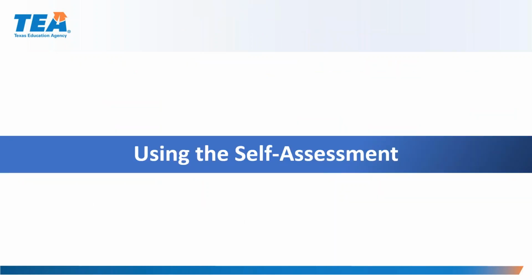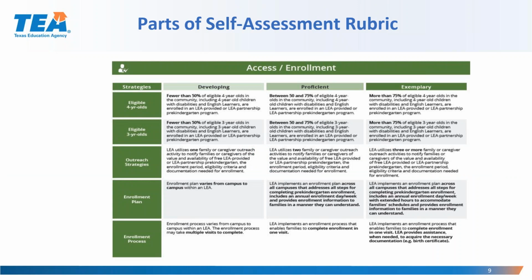So let's delve a little deeper on exactly how the self-assessment documents are used. This slide illustrates the various parts of the self-assessment rubric, and I'm going to go over those now. At the top is the component, and you saw earlier that access and enrollment is a component of the self-assessment.